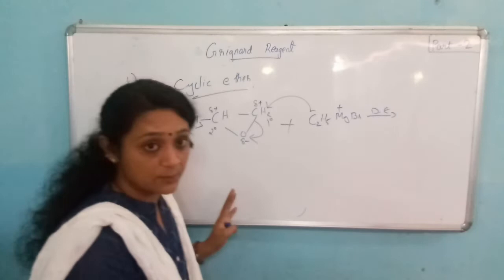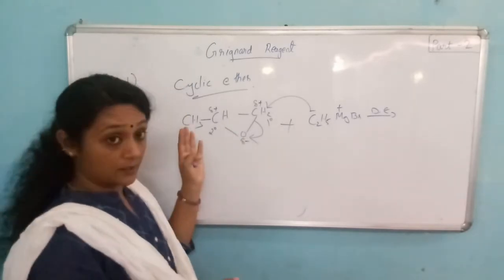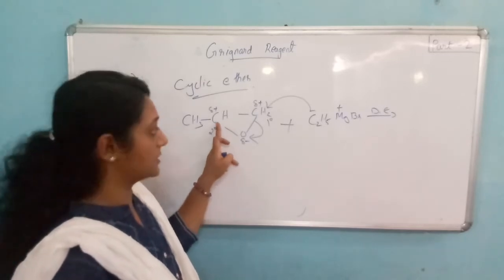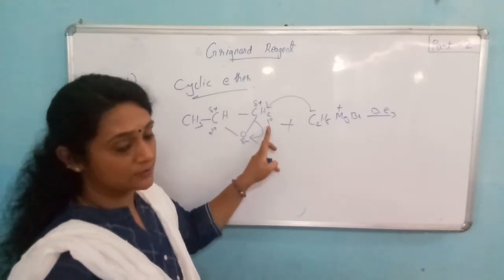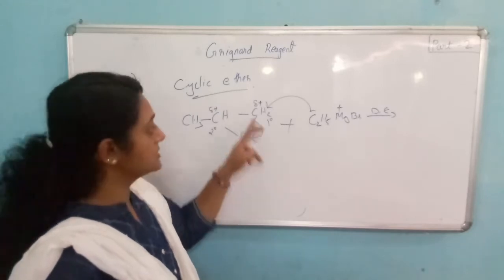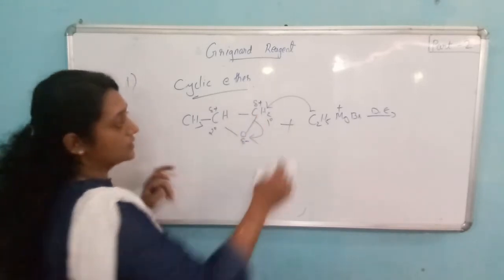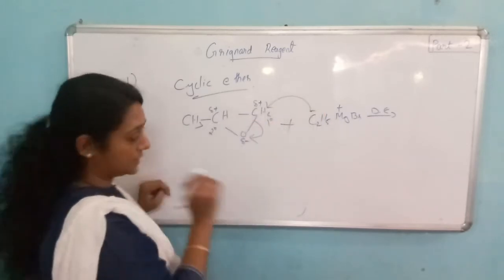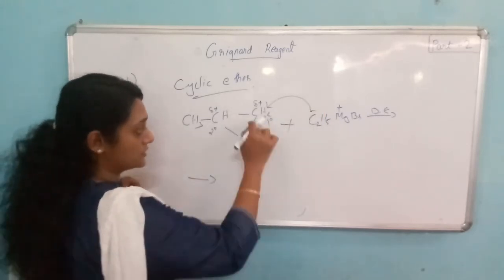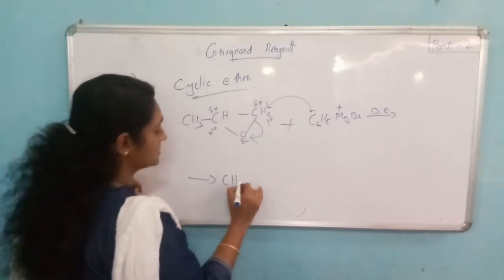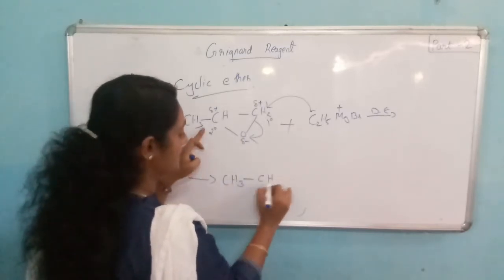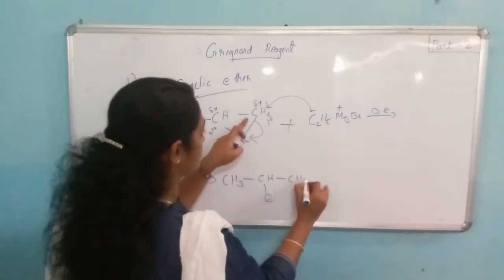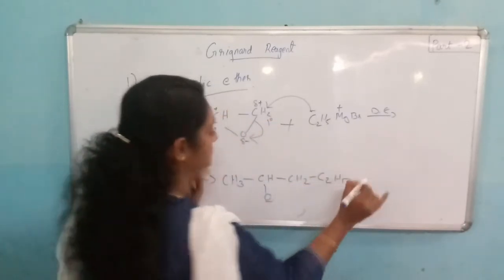Which one is more stable? The secondary carbocation is more stable than the primary carbocation. The primary carbocation is less stable. Therefore, the incoming nucleophile comes and attacks on the primary carbon and the bond shifts to oxygen, resulting in the formation of CH3CHO minus, CH2 and C2H5.